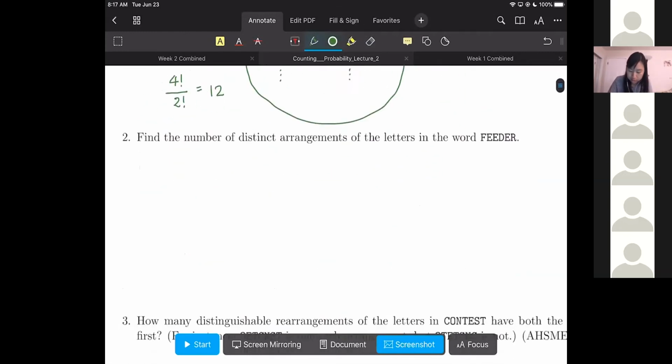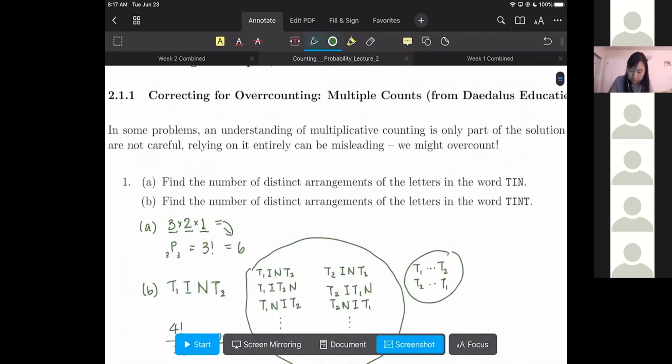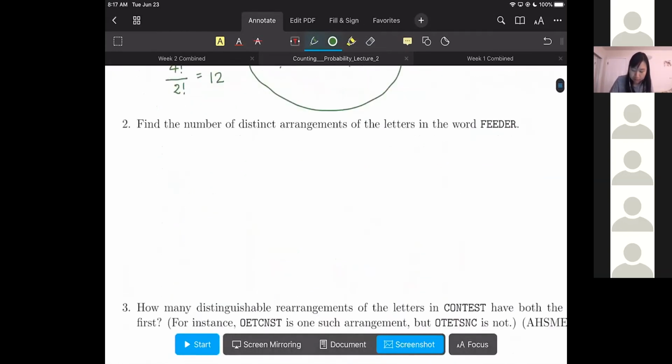I need more room, so I'm going to use this space down here. Let me actually write down all the combinations. So we have T, I, N, and T. I'm going to label the T's T1 and T2, but there's not really a difference between the T's when we want to count the final answer.